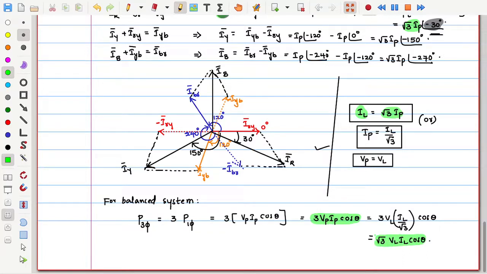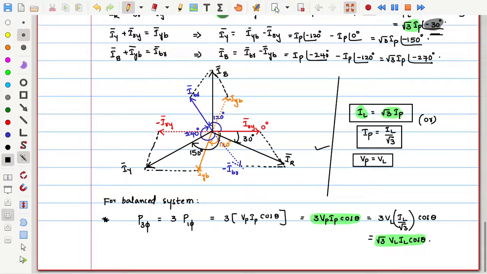Both are correct. If you are using line voltage and line current magnitudes in calculating the power, you should use root 3. If you are using phase voltage and phase current magnitudes, you use only 3. Clear? This is a very important point, so you should focus on it.